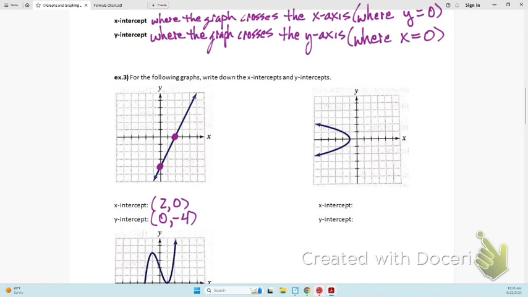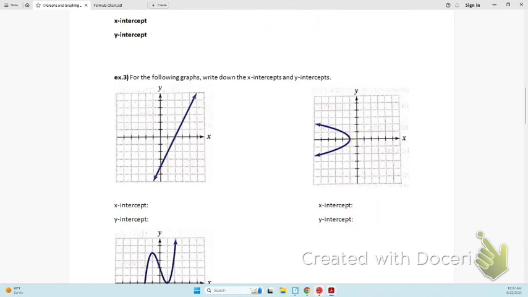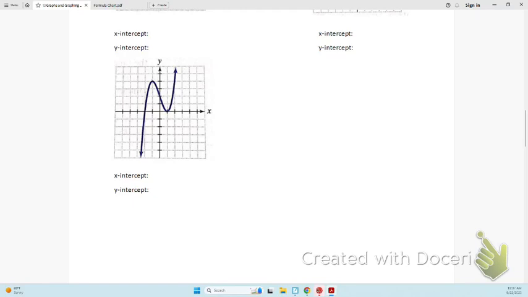On the one to the right, the x-intercept is easy. It is right there. So -1, 0. But it never crosses the y-axis, so let's just say none. For the one below it, we have a cubic function. It's S-shaped. The x-intercept is still pretty easy to see.